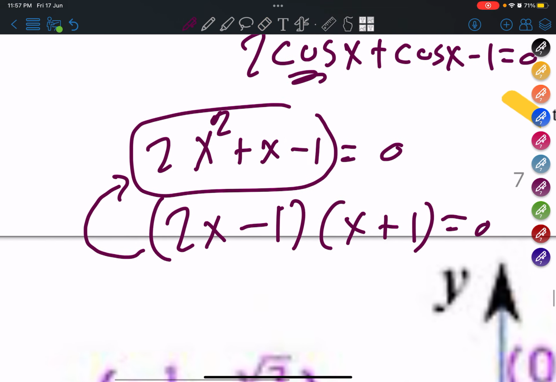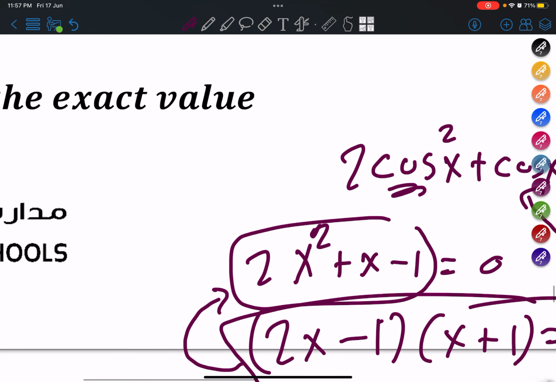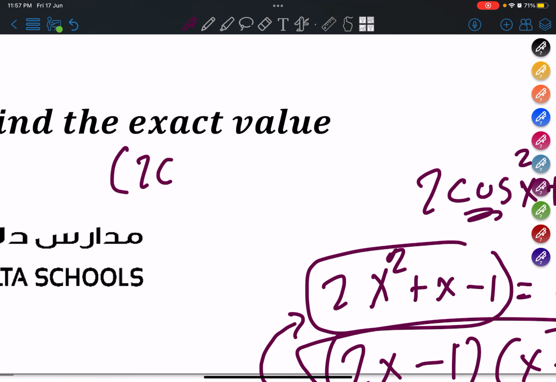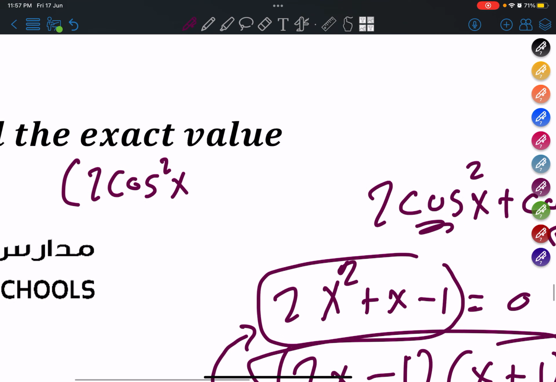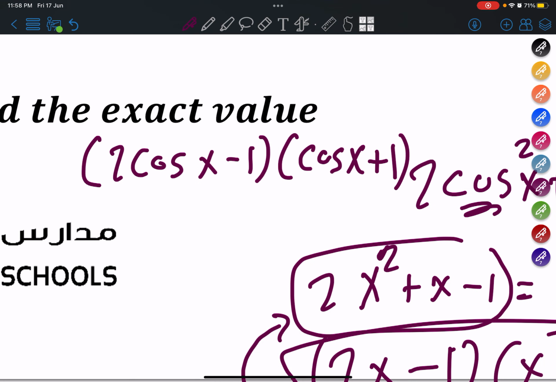Okay, so let's just write this exact formula, but in terms of cosine. So we write here 2 cosine x minus 1 times cosine x plus 1. Now we'll have to get the roots for each of these.